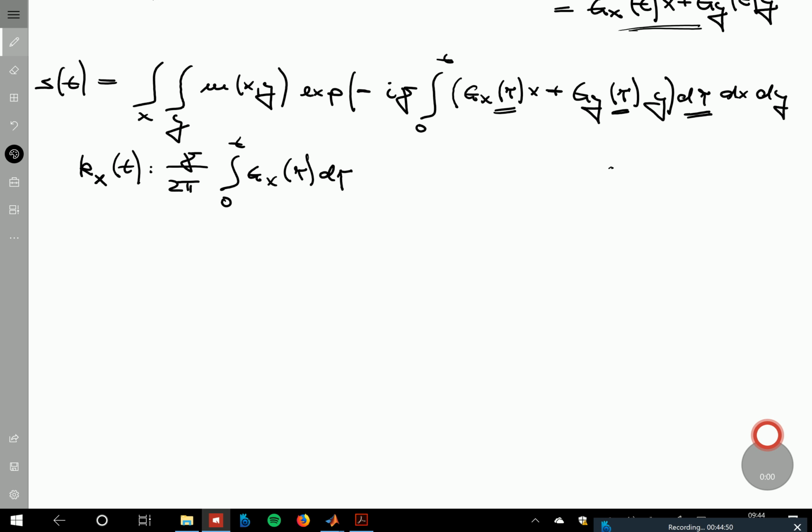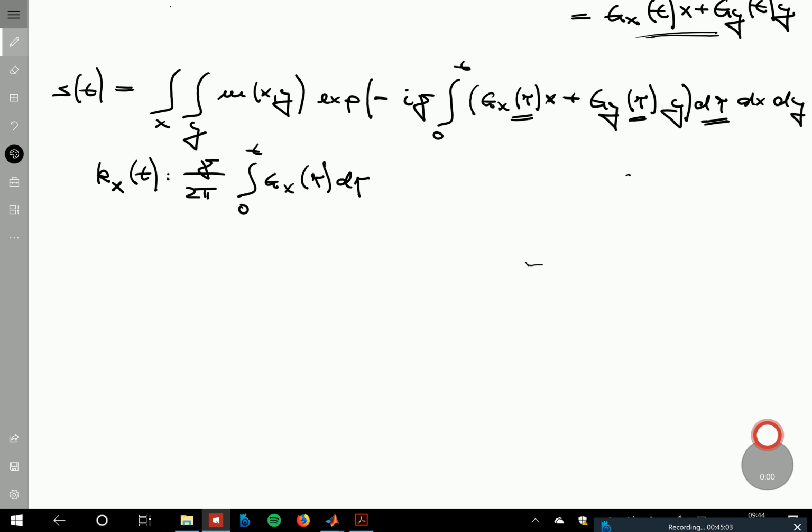So we integrate over tau. The x is obviously not a function of t, so we can take the x out and also the y out, and we can split this integral. So it makes sense to look at specific integrals with respect to only y and x.